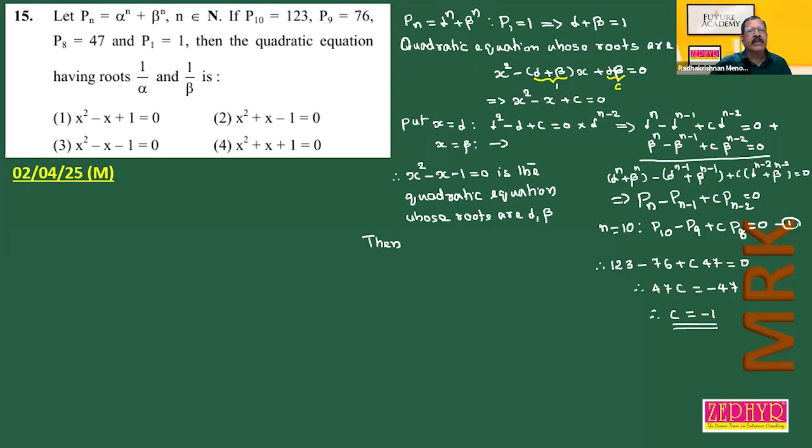Now you have to find out the quadratic equation whose roots are 1 by alpha and 1 by beta. Directly you can find out.